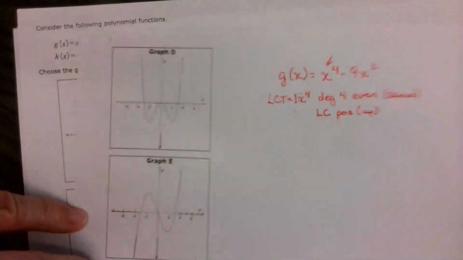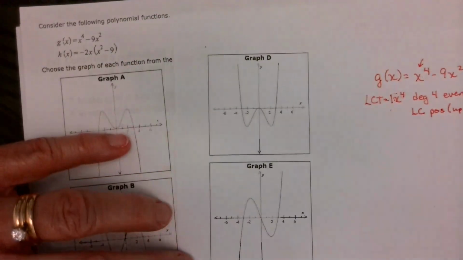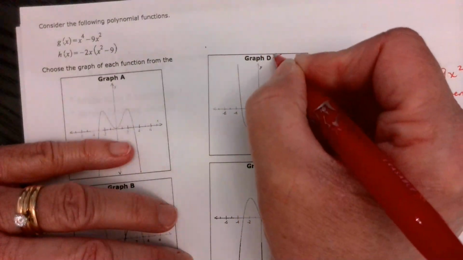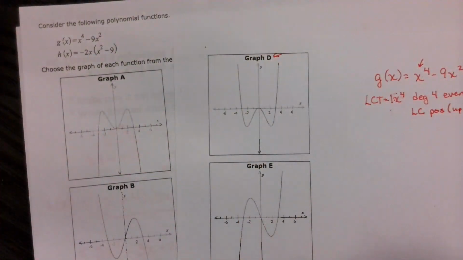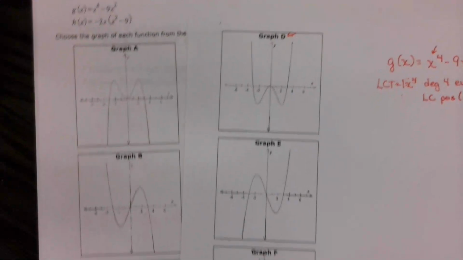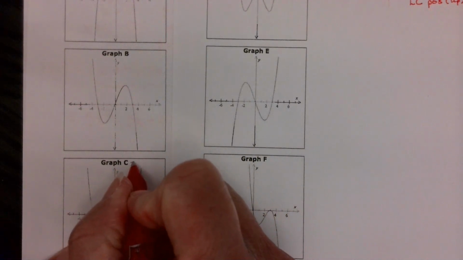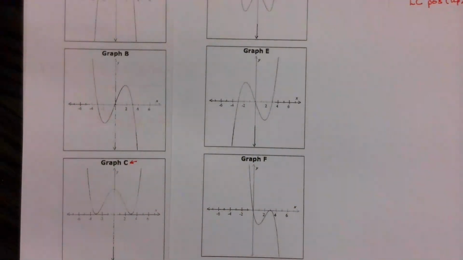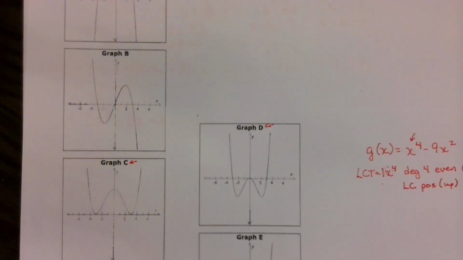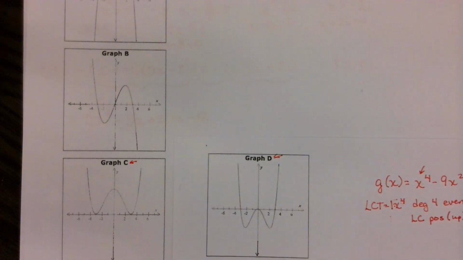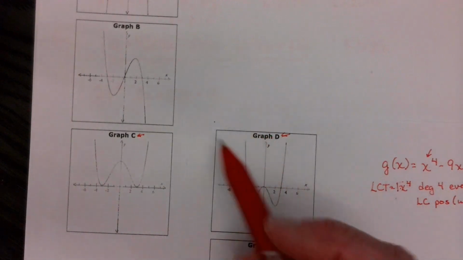So first of all, it could be D. It can't be this one, it cannot be that one, can't be this one. It could possibly be C. So I've narrowed it down to these two right here. Now let's look at the difference in them.